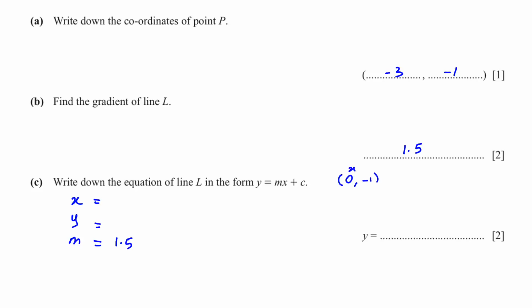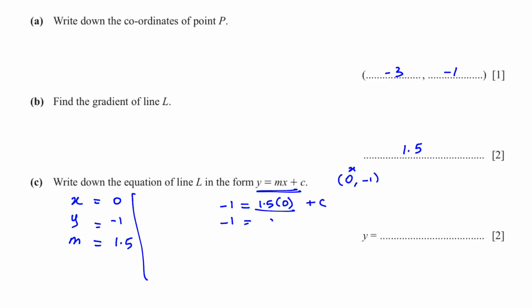What is your x? x is 0 and y is -1. In this equation now, we have to substitute x, y, and the gradient and find c. Y is -1, gradient is 1.5, x is 0.